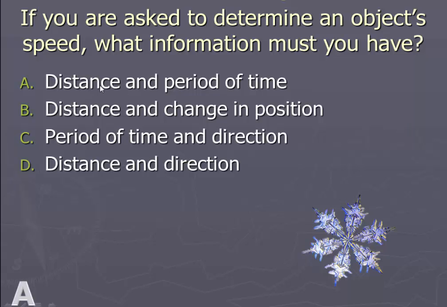Here, you remember you need to know your distance, and of course you always need time. So if you look in here and it doesn't say anything about time, you know you can get rid of those. So both B and D you can get rid of. But then you look at distance or direction. Well, direction is what we need for velocity. In this case we want speed, so we know A is going to be our answer.